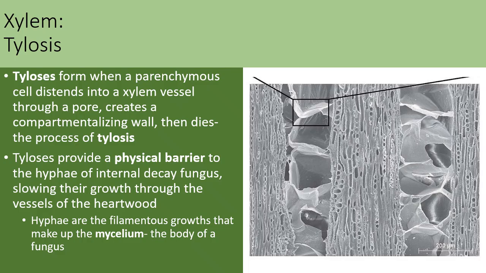If there's a fungal infection within the heartwood of the tree, it's going to want to race up these xylem tubes because they're like little highways. And if you have all these walls in the way, it really slows down the advance of fungus through these xylem vessels and prevents the tree from losing that heartwood, which often is providing significant structural support to the trunk.